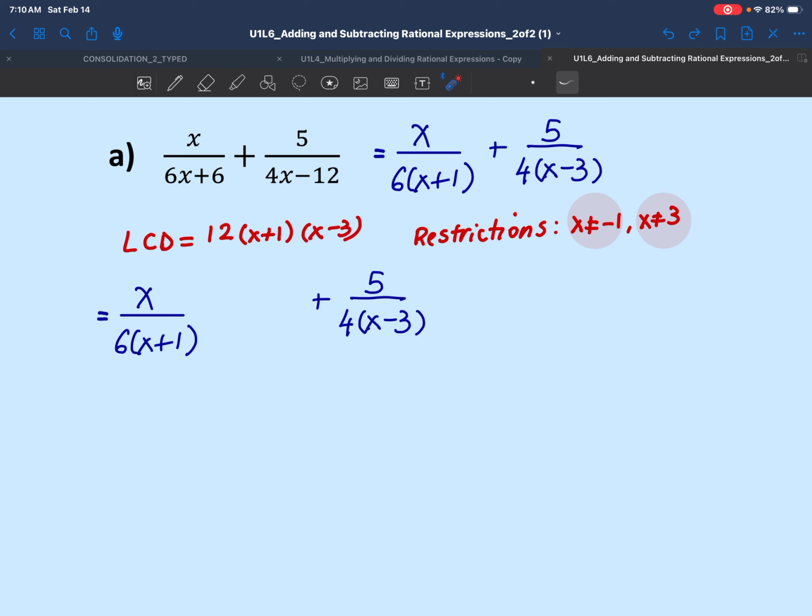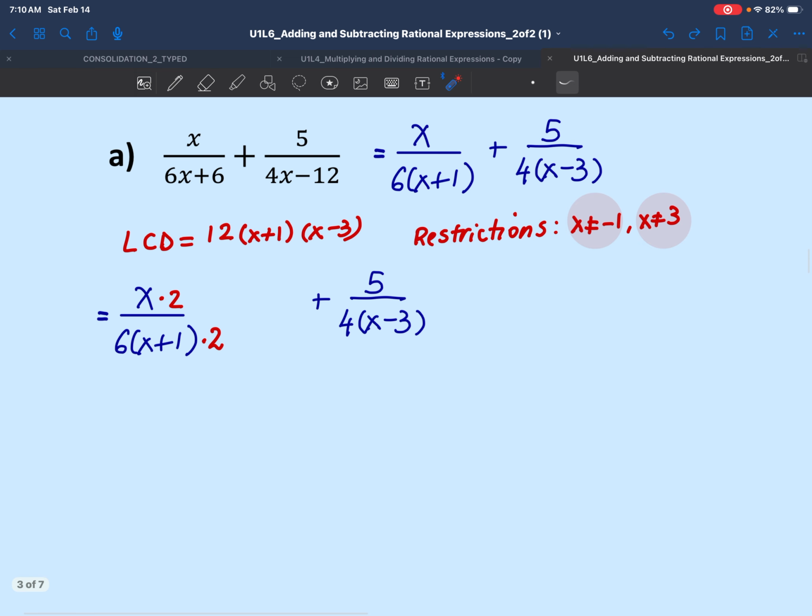So if you have 6 and you want to make it a 12, it means that you need to multiply this denominator by 2. So that means that we're multiplying both numerator and denominator by 2 over 2. And that is because when you make the denominator bigger, then you have to change the numerator to maintain the value of the expression, because 2 over 2 would be equal to 1, and that keeps the value of the expression the same.